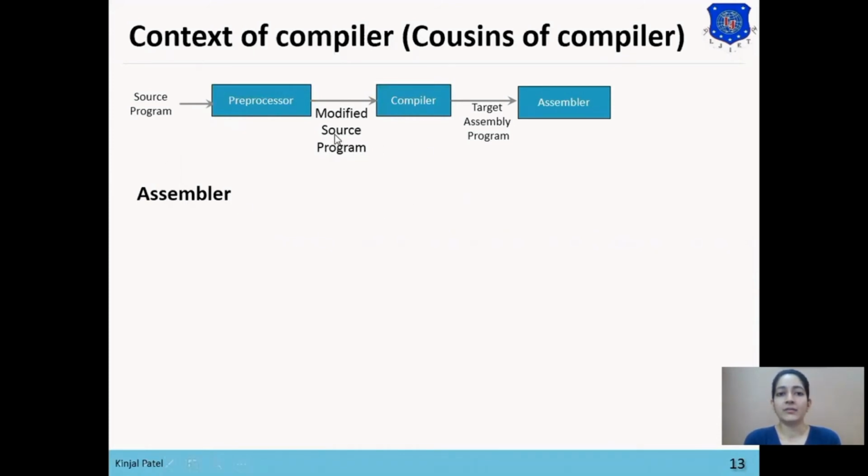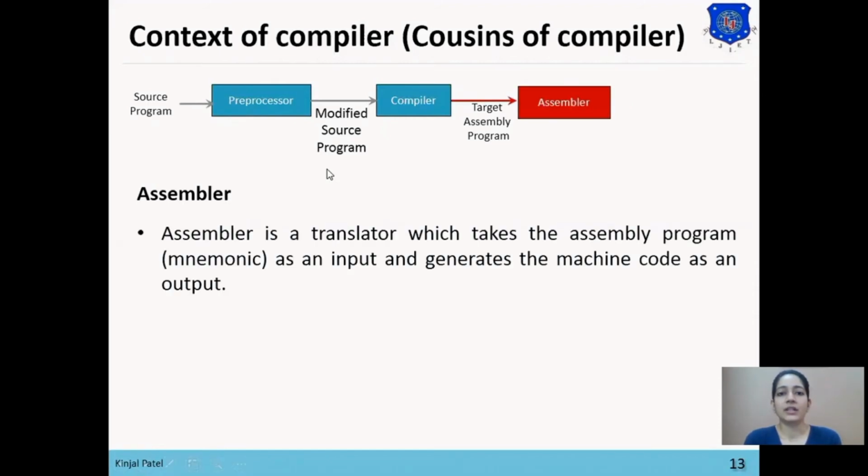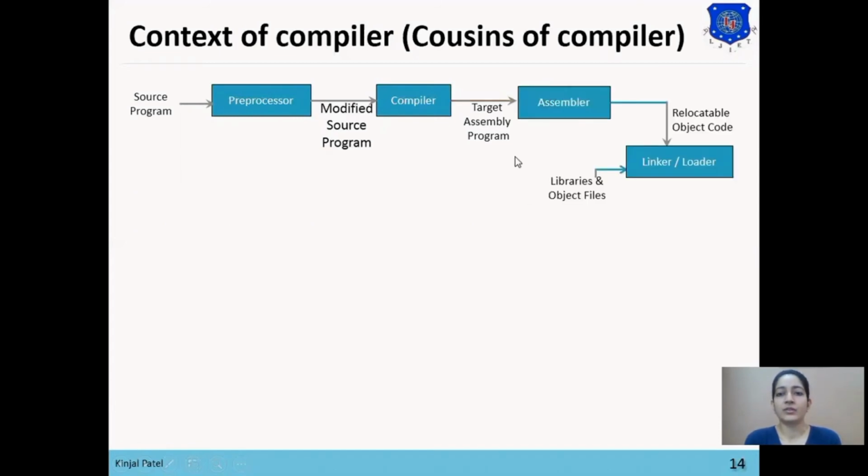So the compiler converts a higher level language into a lower level language, and that lower level language will be passed to the assembler as an input, and the assembler will convert this assembly language into machine language as an output. So here you can see that the assembler has converted assembly language into relocatable object code, or relocatable machine code.